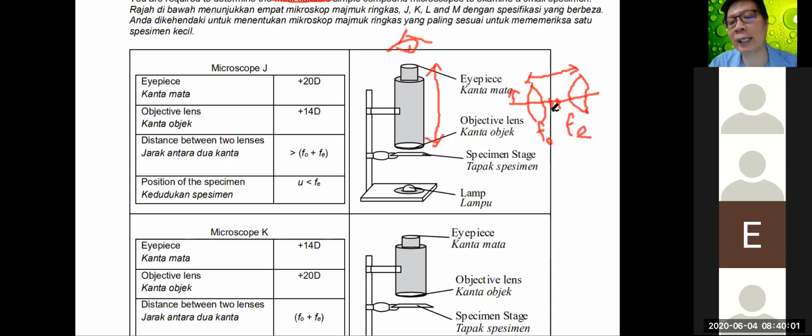So I say it again. FO is the distance between the objective lens and the focal point. FE is the distance between the focal point and the eyepiece lens. There's a gap here, so we make the distance D not equal, it must be bigger than FO plus FE, okay?